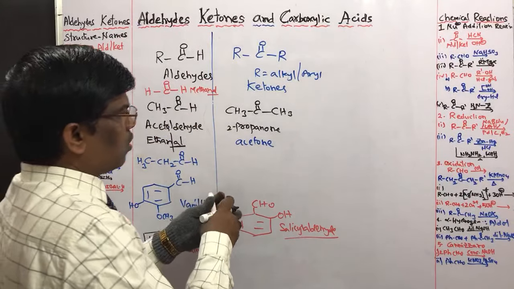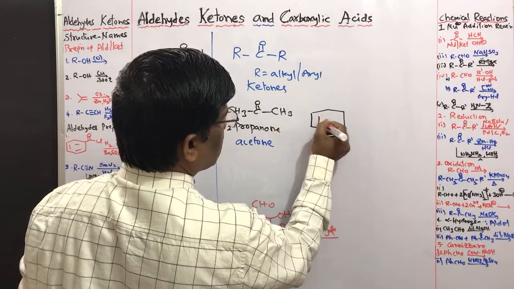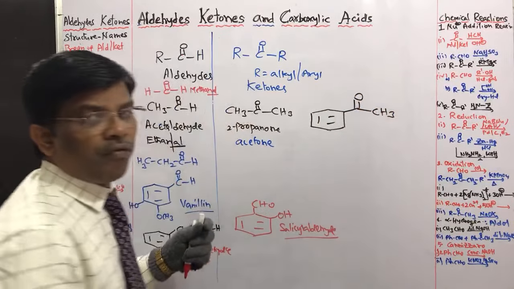When it comes to ketones, this is acetone and it can have a benzene ring on one side, and this is acetophenone.